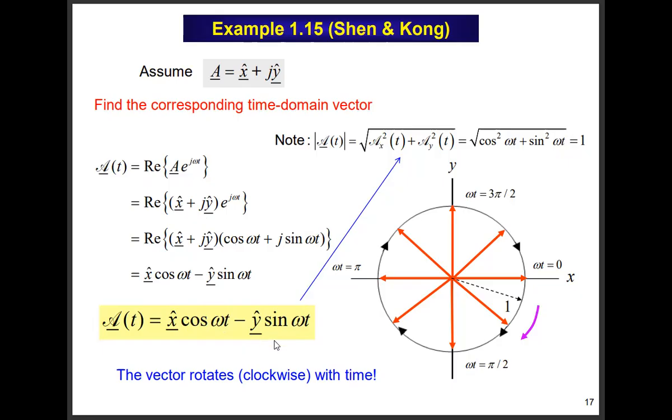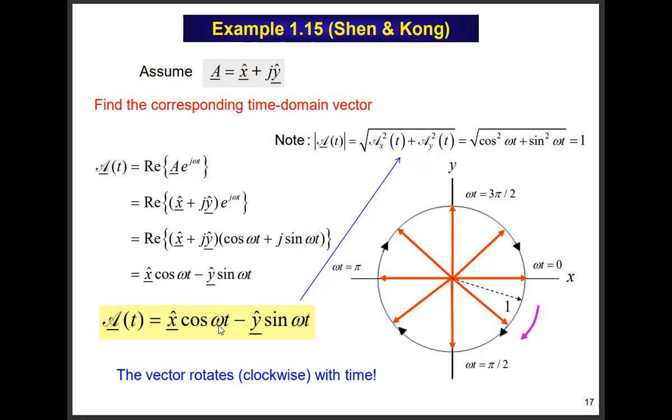All right. And if I want to go backwards, I don't have to, but if I want to go backwards to the phasor domain, I would say cosine omega t is just, it's got a phase angle of 0. So cosine omega t going backwards to the phasor domain is just what? What complex number in the phasor domain corresponds to just cosine omega t?